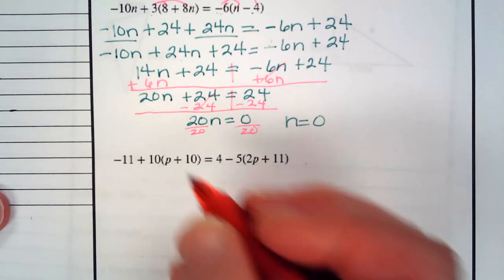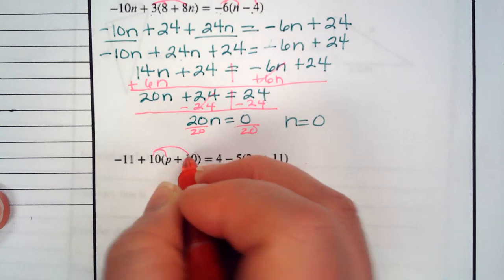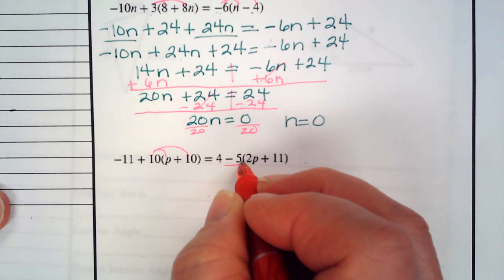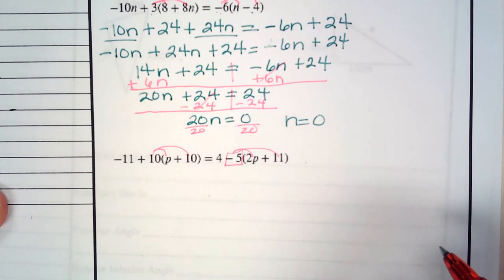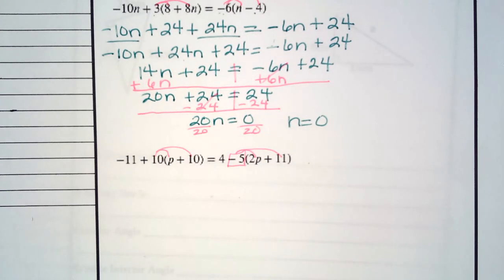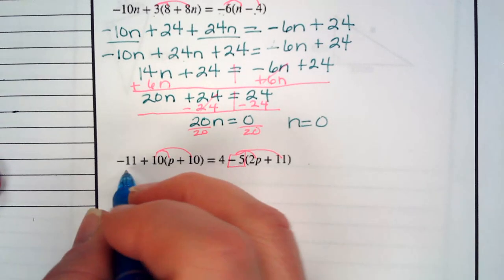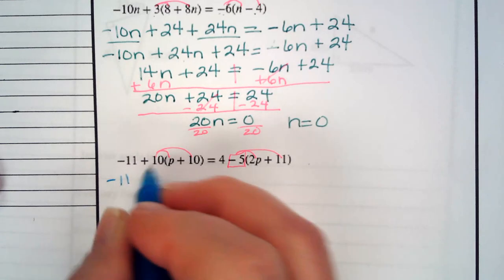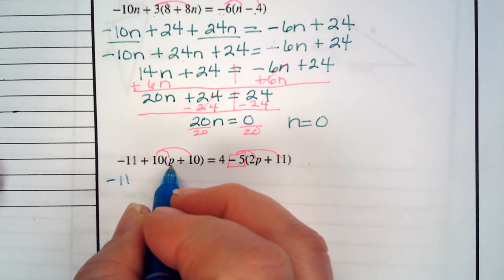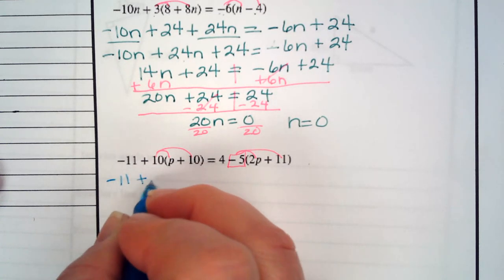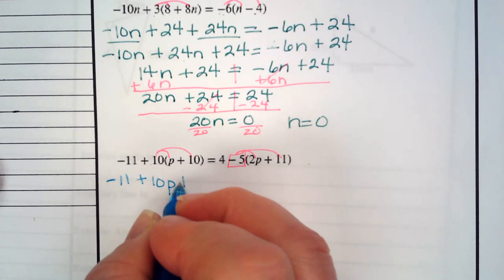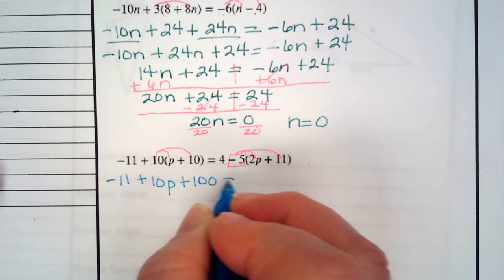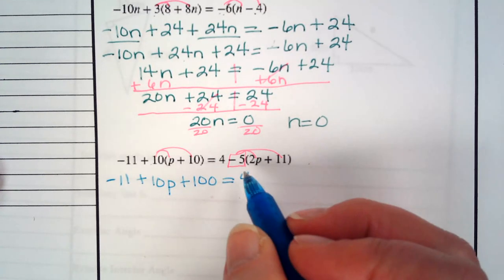Well, I hope you tried. In this case, we need to remember this is a negative 5 when we multiply. So we've got negative 11. That doesn't change. Bring it down. 10 times p is 10p, so plus 10p. 10 times 10 is 100, plus 100 is equal to 4.